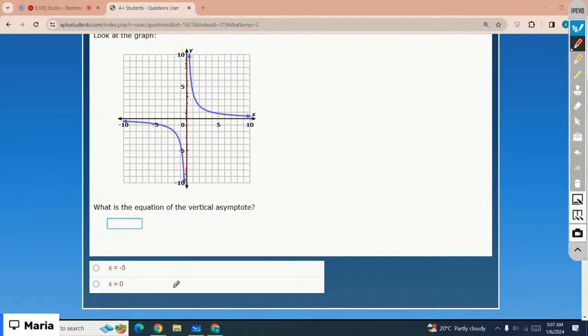So the correct option is x equals 0. Option number 2 is the correct option.